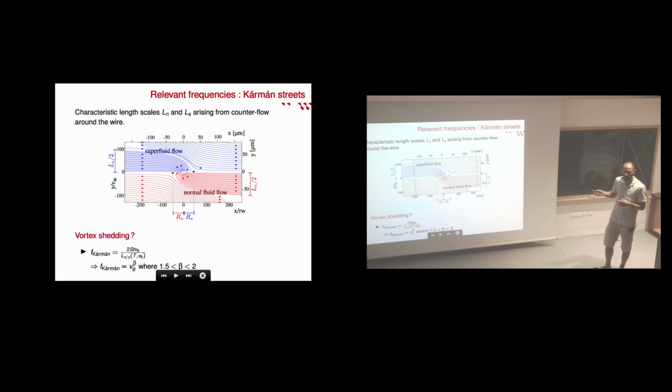Remember that we have counterflow, so there is quite an exotic temperature profile around the wire, and there are structures that develop in the superfluid component and in the normal component. We were expecting that those could be unstable and lead to some kind of vortex shedding.